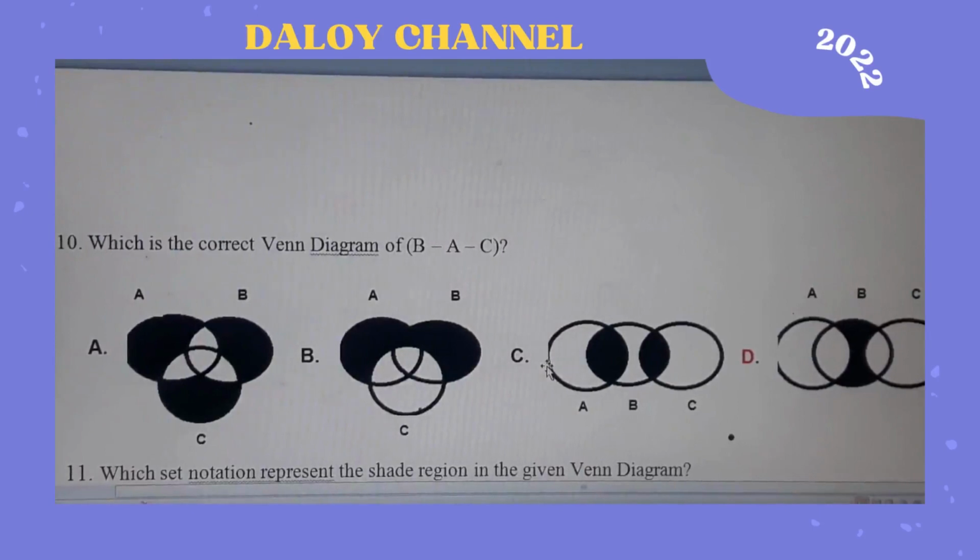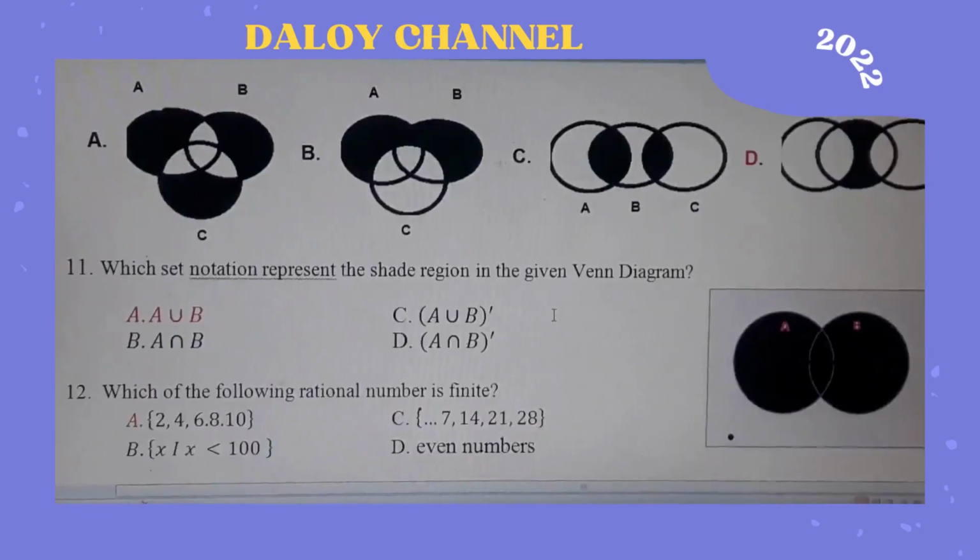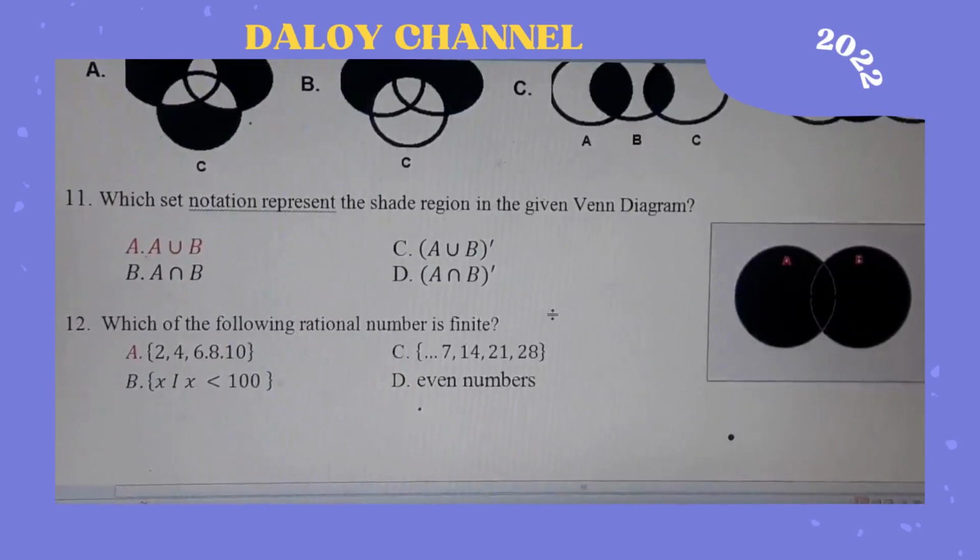No, it's not union but B minus A minus C. Number 11. Which set notation represents the shaded region in the given Venn diagram? Number 12. Which of the following rational numbers is finite?